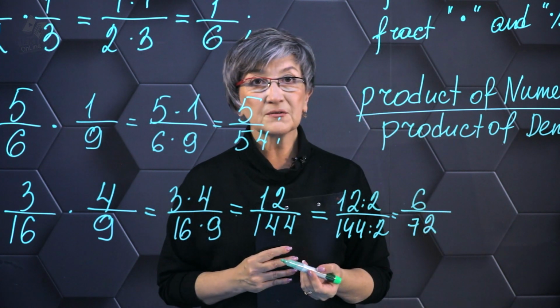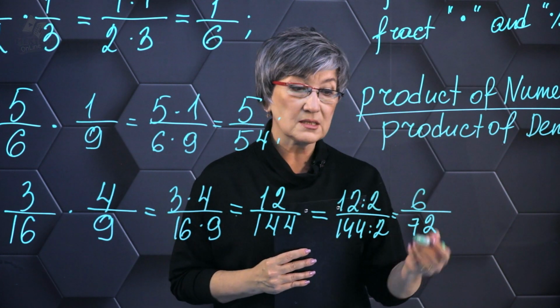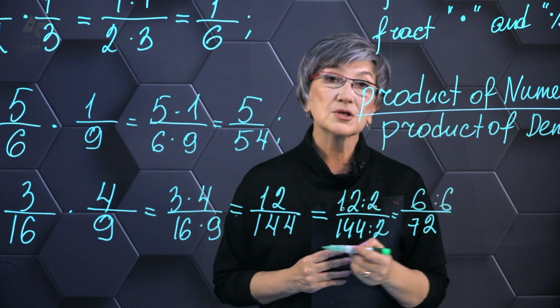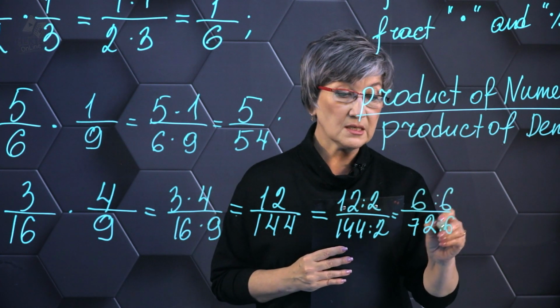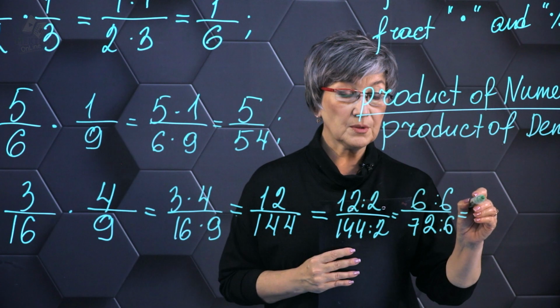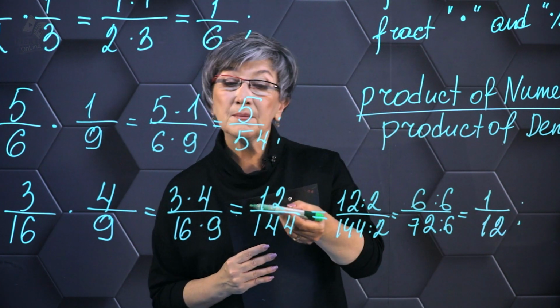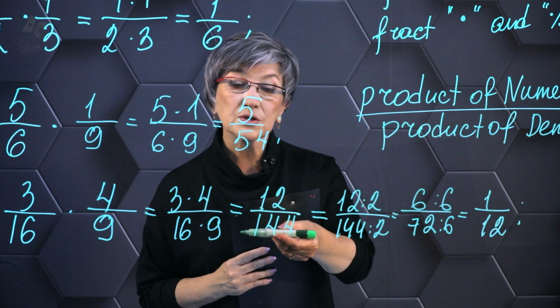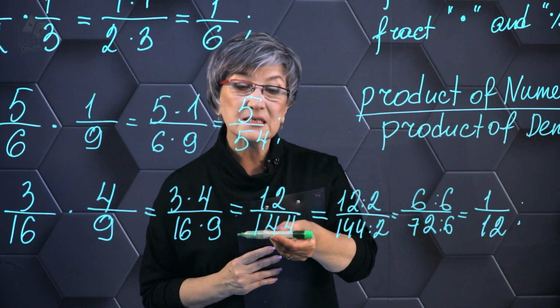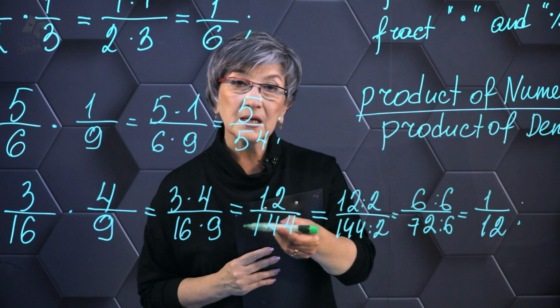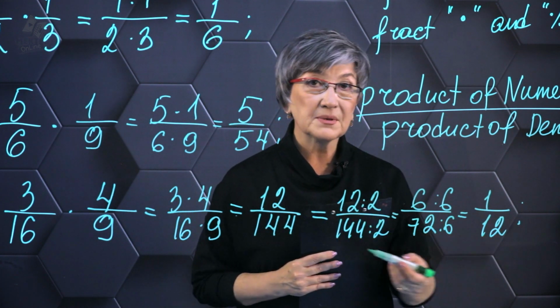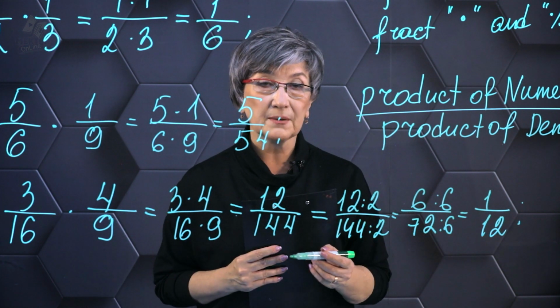But the 6/72 I can still reduce. I can divide both the numerator and the denominator by 6. The result is 1/12. Of course, I could immediately divide 12/144 by 12, both numerator and denominator, but if you do it consistently, it's not a mistake.